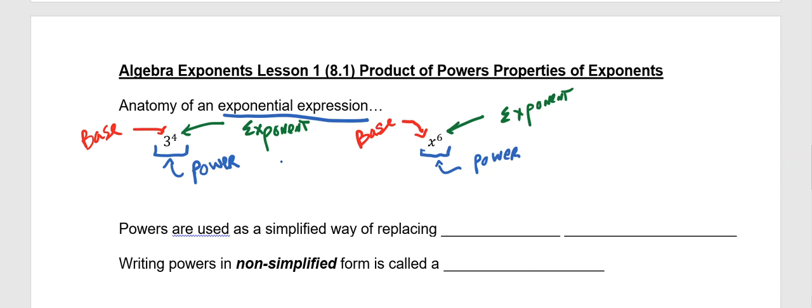Now, what we should know about powers is that they are used as a simplified way of replacing repeated multiplication. And you might know that already. Just as we have multiplication as a way of simplifying repeated addition, we have powers using exponents as a way of writing repeated multiplication.